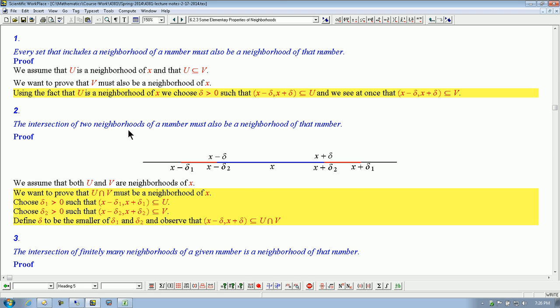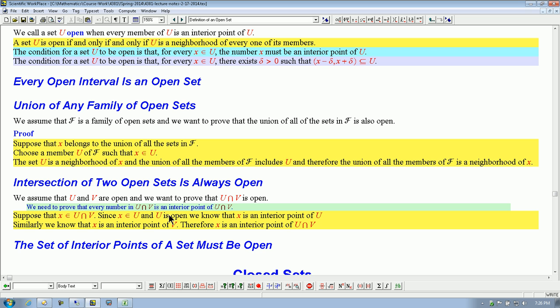You see? Now, you don't have to write the proof this way. You know what some of my students prefer to write? They say, I'm going to reinvent the wheel. Using the fact that x is an interior point of U, choose delta 1 greater than 0 such that the stick running from x minus delta 1 to x plus delta 1 is included in U. Using the fact that x belongs to V and V is open, choose delta 2 greater than 0 such that the stick center x radius delta 2 is a subset of V. Next, define delta to be the smaller of delta 1 and delta 2.